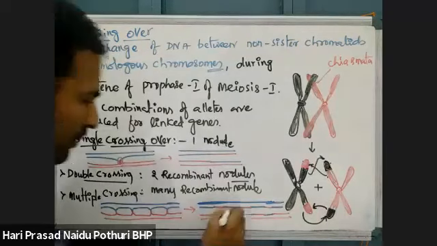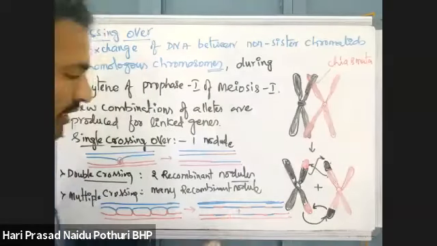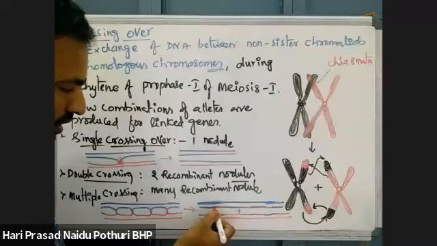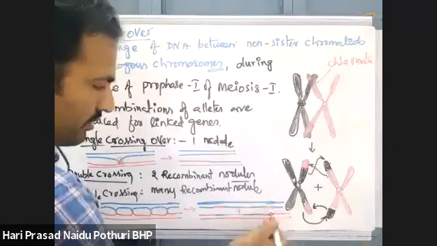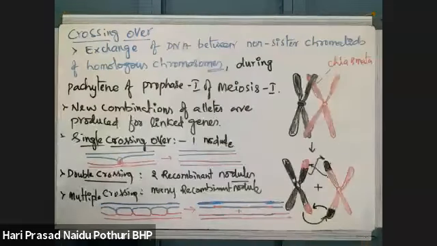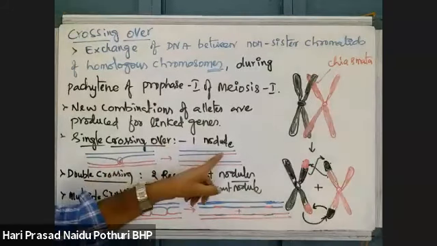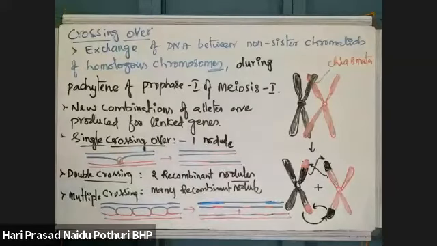If many recombinant nodules are formed, then there is exchange of DNA at many places. Here exchange, here exchange, here exchange. Exchange of DNA is taking place at many places due to multiple crossing over. Single crossing over means only one place of exchange. Double crossing over means two exchanges in the DNA.